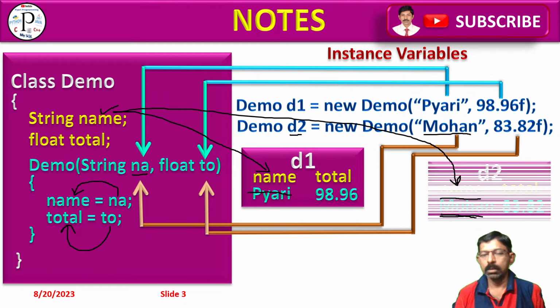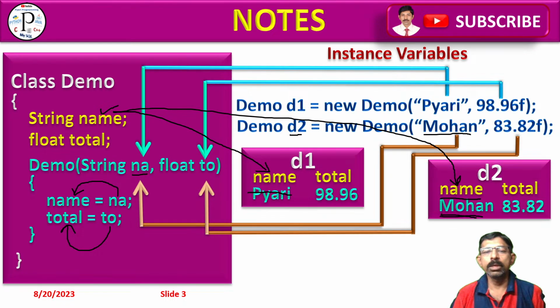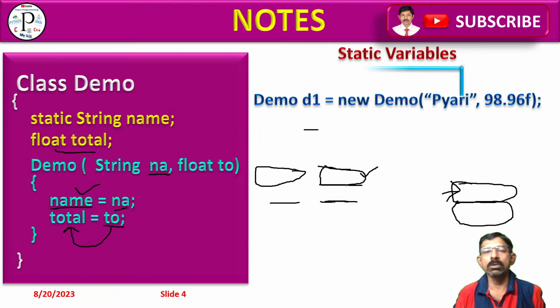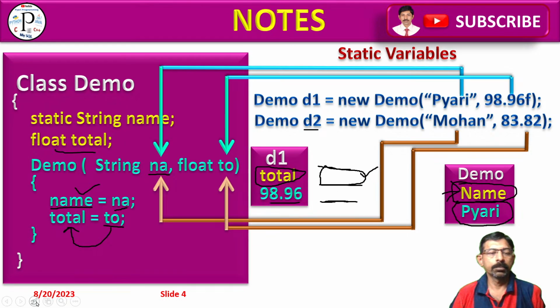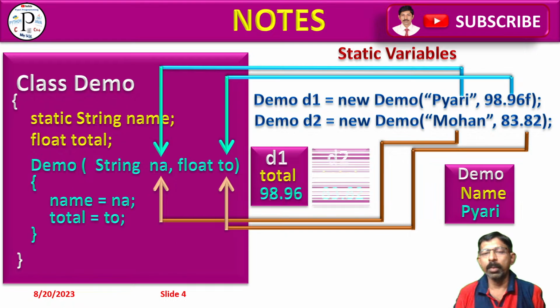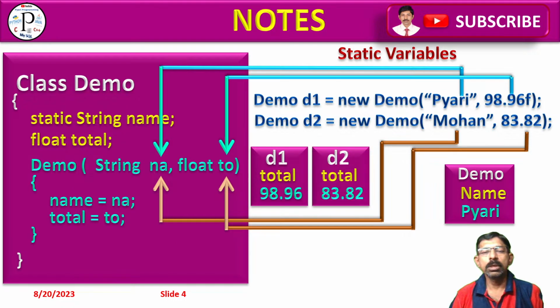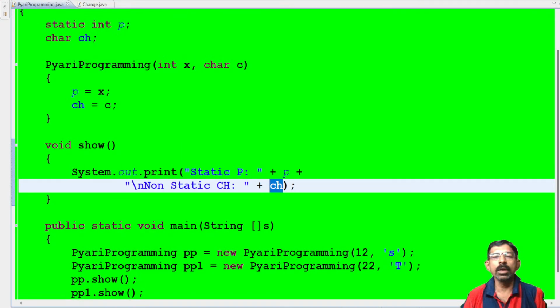Got it? When I'm creating an object, it is creating these variables. Now here I'm having static and non-static. Now look at this figure. Keep this figure in your mind. Is it clear? So I'm coming back to Java.